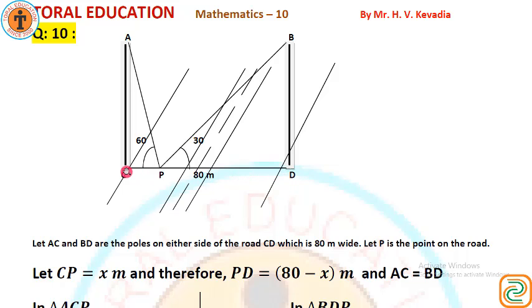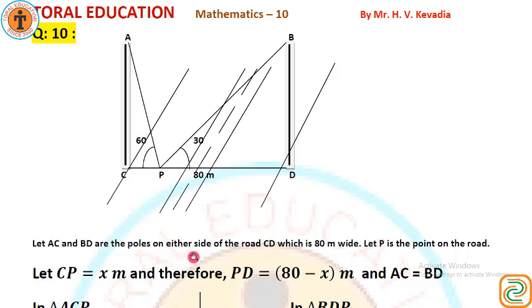Now, from a point between them on the road, the angles of elevation of the tops of the poles are 60 and 30 respectively. Find the height of the poles and the distance of the point from the poles.